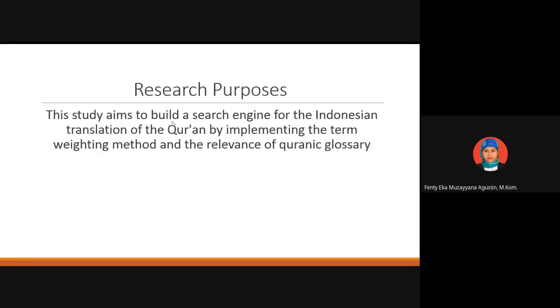This research has a purpose to build a search engine for Indonesian translation of the Quran by implementing the term rating method, TF-IDF, and the relevance of Quranic glossary. So, in this research, I want to improve the searching result of the search engine.